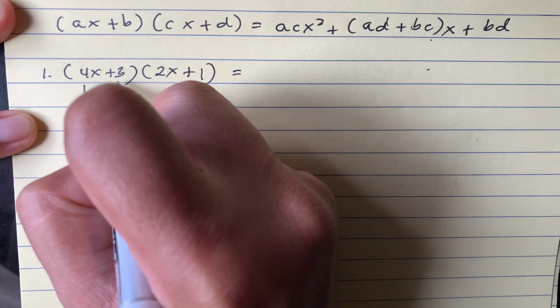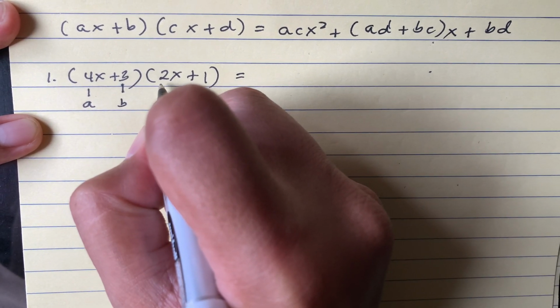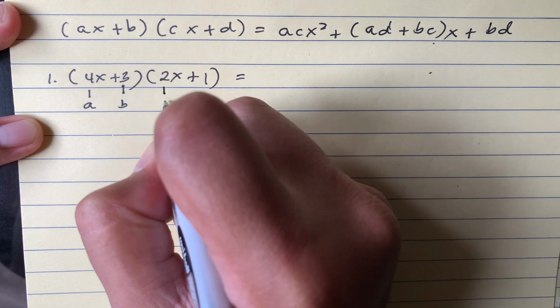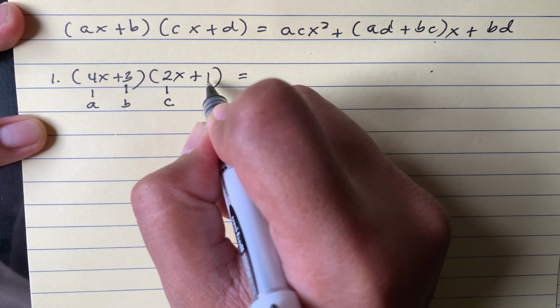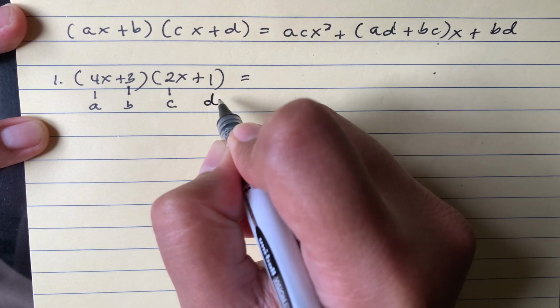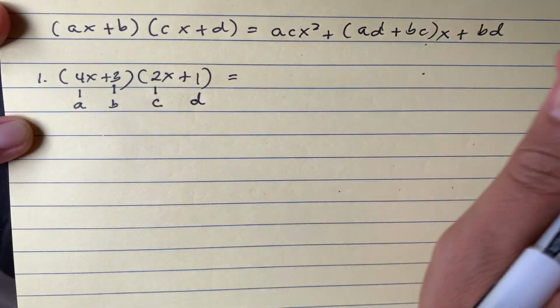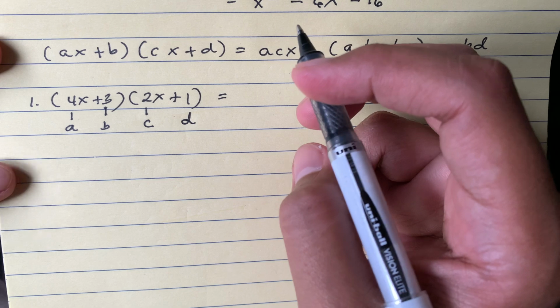The second term of your first binomial would be your b. In your second binomial, its first term would be your c. Then 1 is now the second term of your second binomial, this would be your d. So by following the pattern, you would eventually get the product of the given binomials.